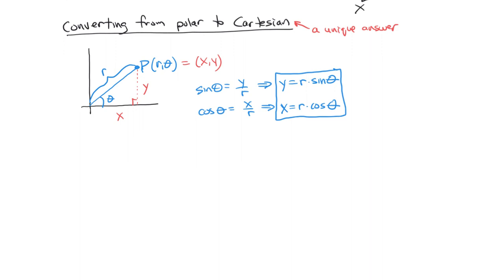You can just use these two formulas to figure out what x and y are, and you're good to go. So we could say if you are converting from polar coordinates, r and theta, the Cartesian coordinates are r cosine theta, which is x, and r sine theta, which is y.